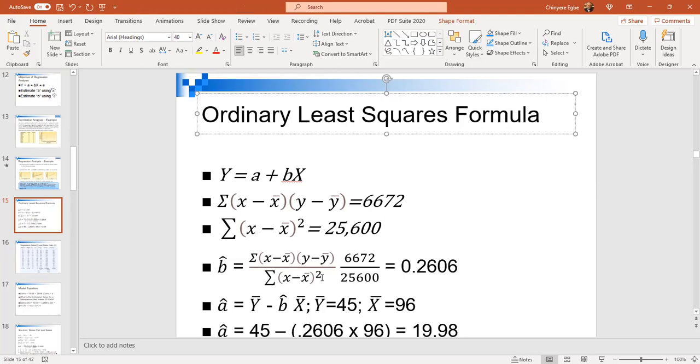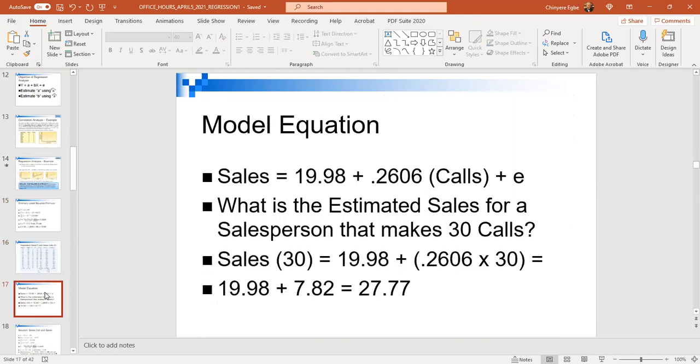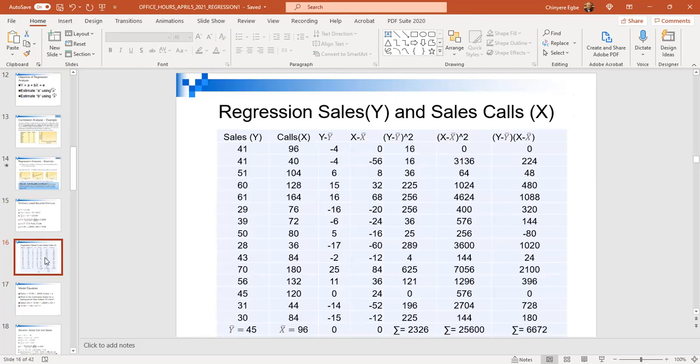I'm going to illustrate this bit by bit. And so we have to calculate x bar, we have to calculate y bar. So we're going to do an illustration, and I will use a different example to do the illustration.